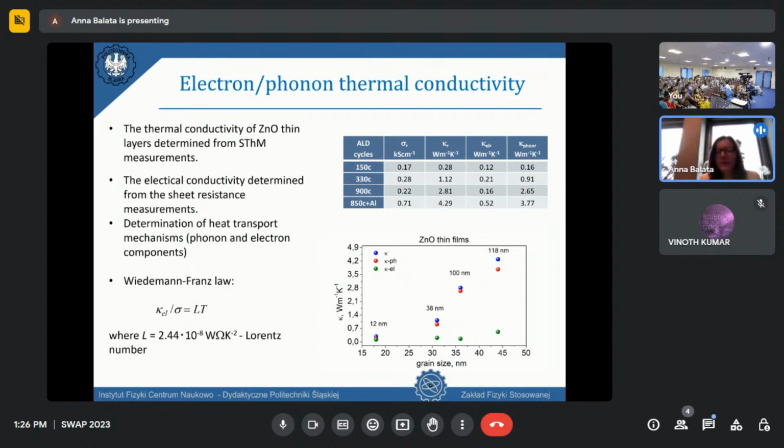What we can see, the total thermal conductivity measured by scanning thermal microscopy is the blue dots. And we see that the electron part is quite low for all layers. So we can conclude that in these polycrystalline zinc oxide layers, the phonon heat transport dominates over electron heat transport.